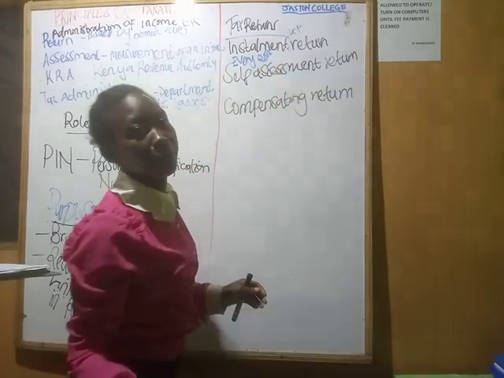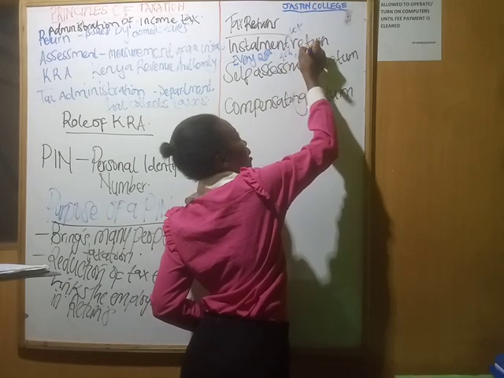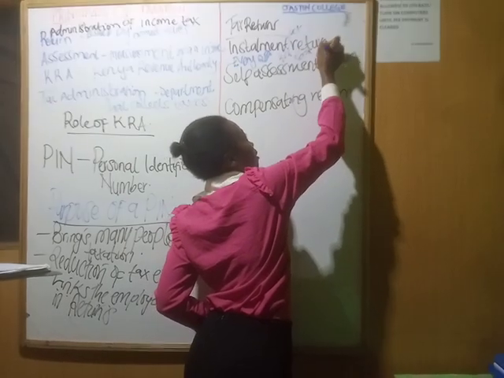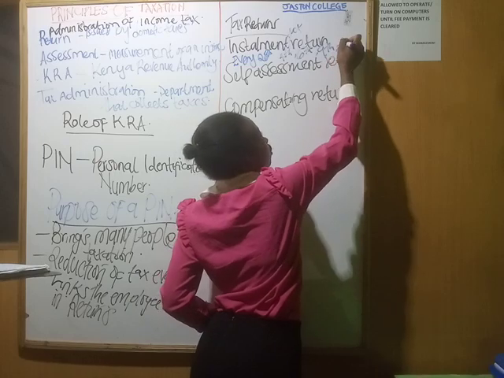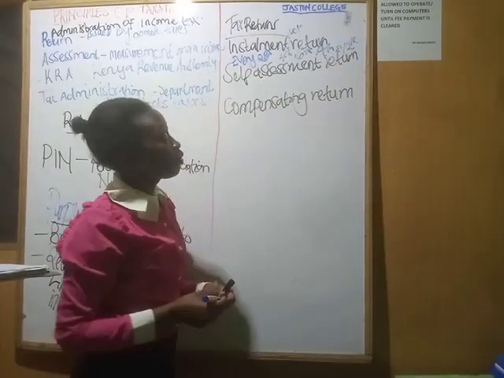The tax should be paid on the 20th of the 4th month, the 6th month, the 9th month, and the 12th month.